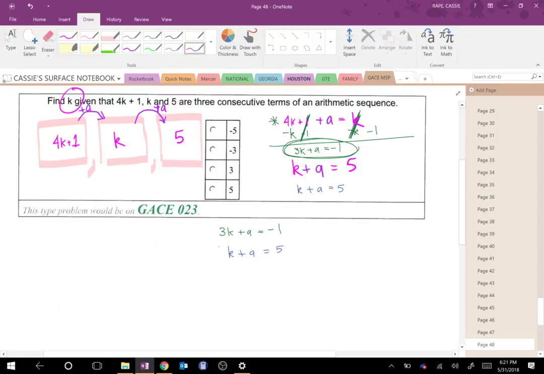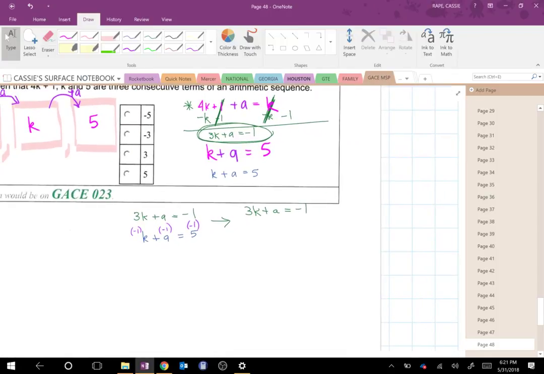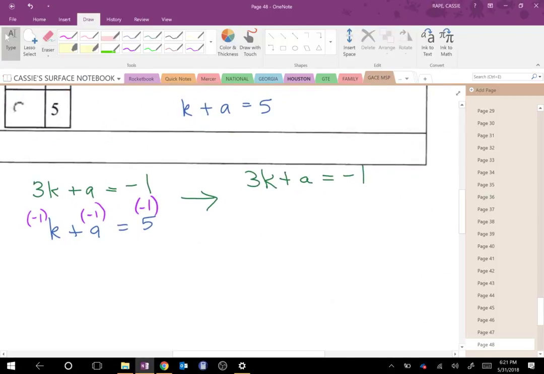So what I'm going to do is multiply the bottom equation, I could have done the top as well, by -1. The reason I do that is that 3k plus a equals -1. That equation was unaffected, but the negative multiplying through that equation gives me -k minus a equals -5.